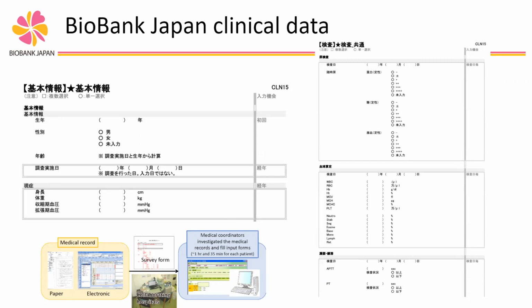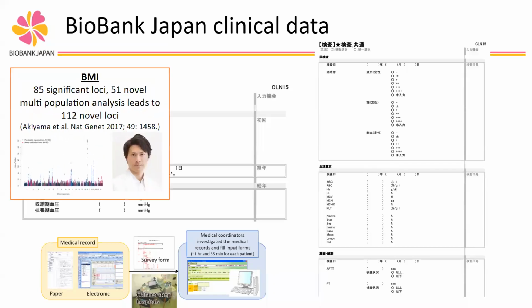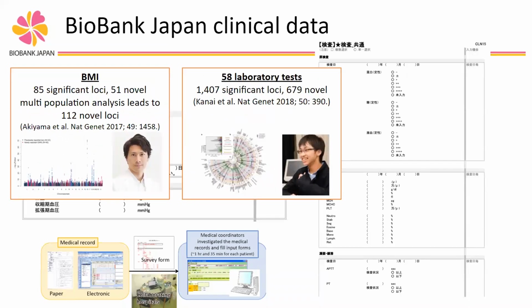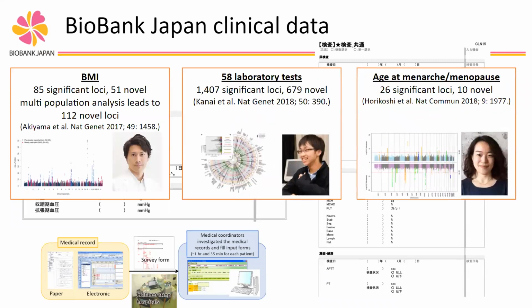Obviously, this process should be done electronically and automatically. But anyway, the researchers use this information to make publications like BMI and 58 laboratory tests GWAS, and age at menarche and menopause GWAS.